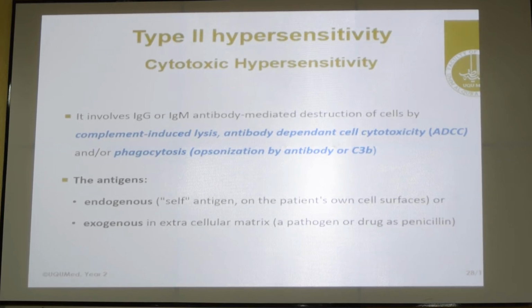Natural killer cell. And phagocytosis by which cells? Macrophages, neutrophils, monocytes. The antigen can be endogenous from the body, so it will be a self-antigen, or it can be from outside, exogenous, like in the extracellular matrix, for example, a drug such as penicillin.